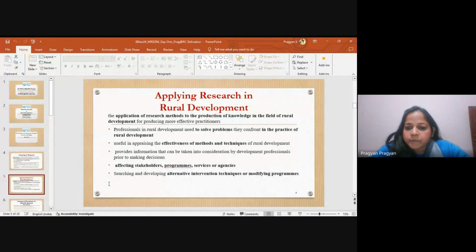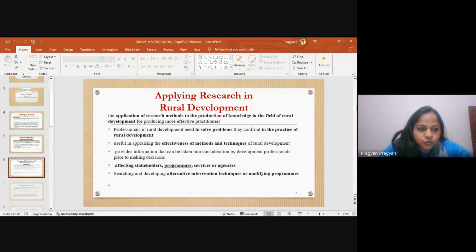So the whole purpose of research in rural development is overarching, in the sense that all these researches are for searching and developing alternative intervention techniques so that we can modify our programs for the betterment of human development and other aspects of socio-economic development, in particular in rural areas.